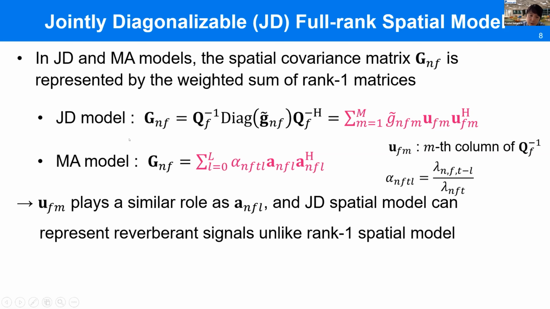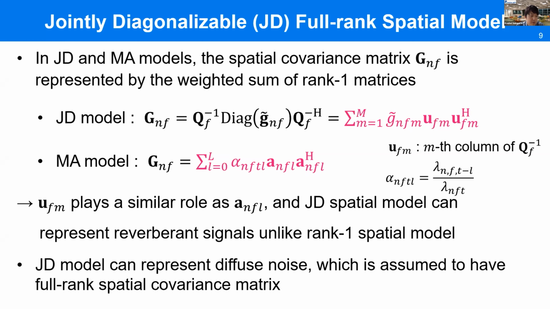In both models, the spatial covariance matrix G_NF is represented by the weighted sum of multiple rank 1 matrices. From this similarity, U_FN is expected to play a similar role as A_NFL. In other words, some U_FN represent direct paths and other U_FN represent reverberations. So the jointly diagonalizable spatial model can represent reverberant signals, unlike the rank 1 spatial model.